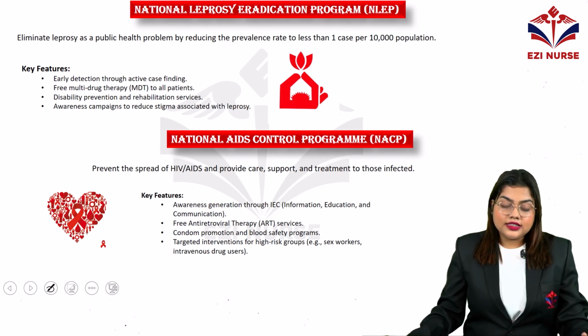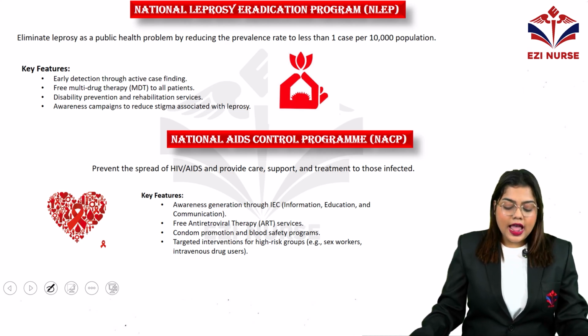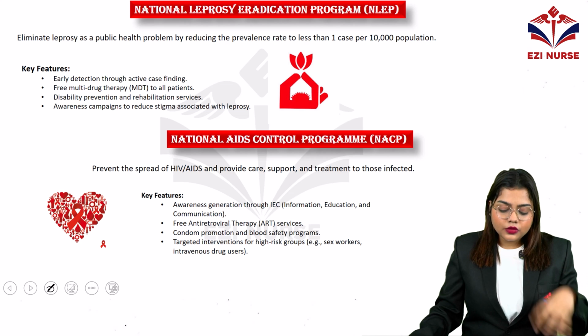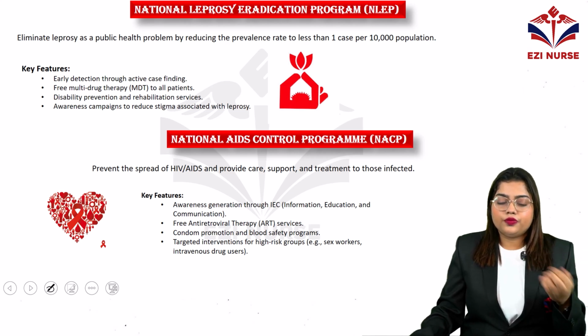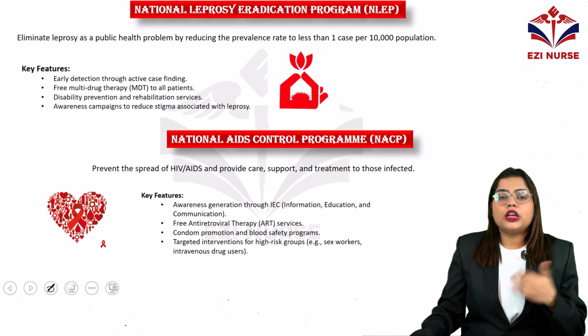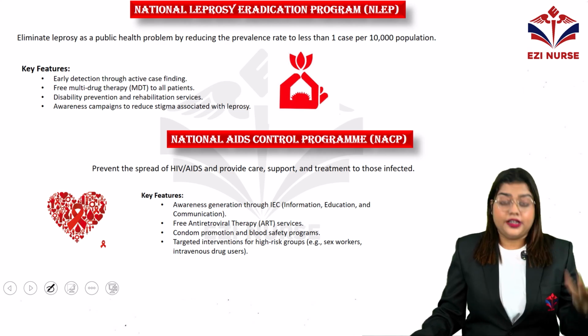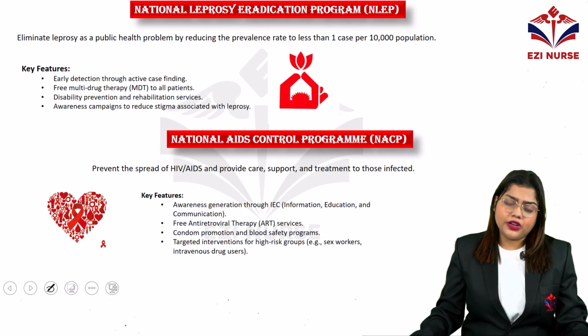First one is early detection through active case finding. So we have to find where the active cases of leprosy are. Okay, and by that we can find wherever it's spreading, and we can prevent the spread.